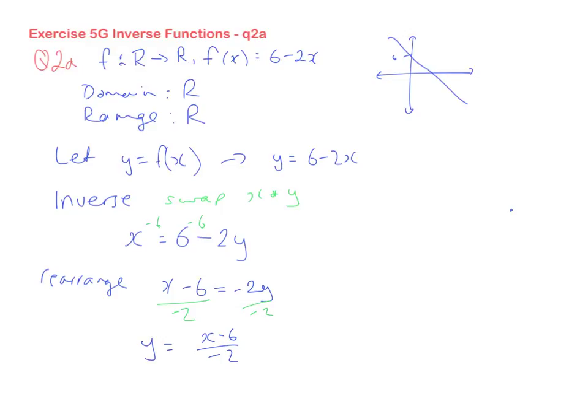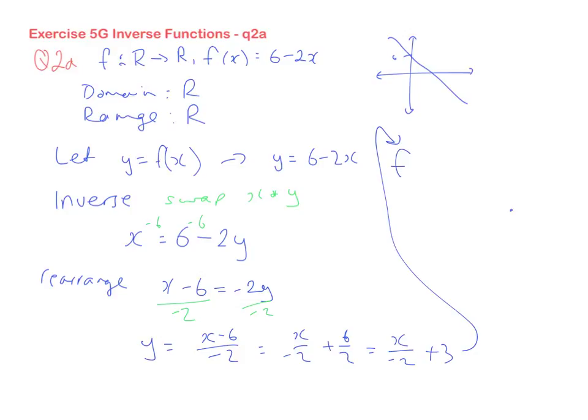I can simplify that down to get x over negative 2, and that will be a plus 6 over 2, which would equal x over negative 2 plus 3.